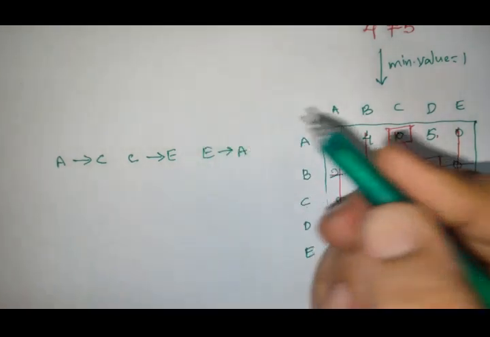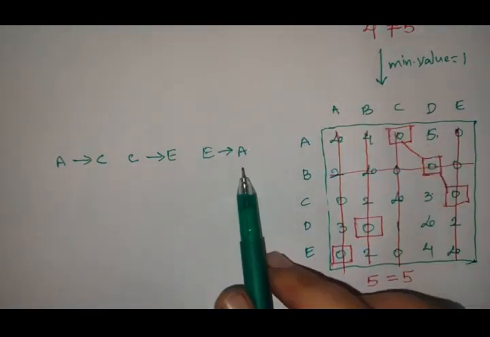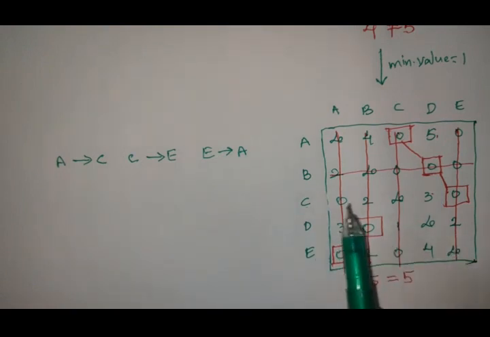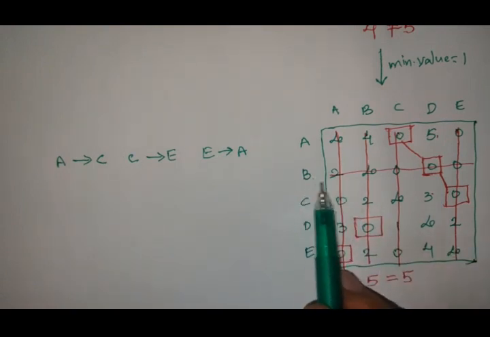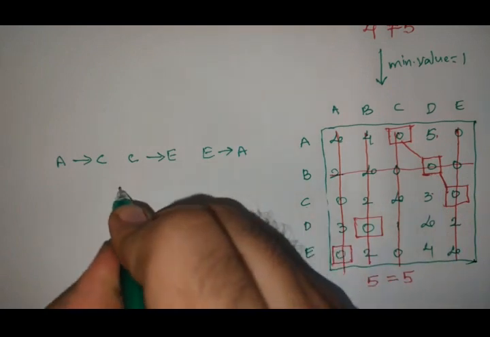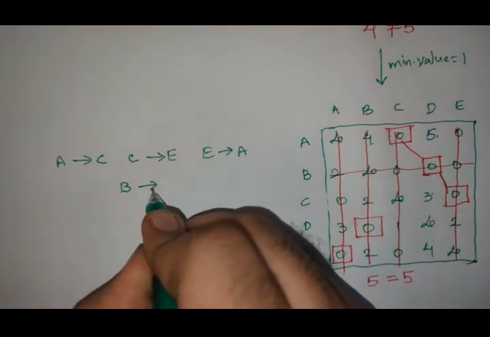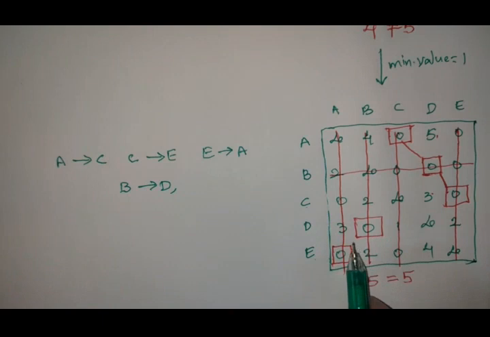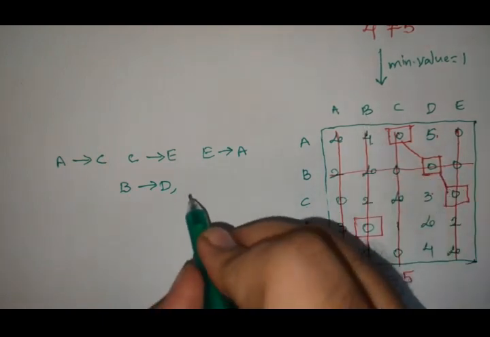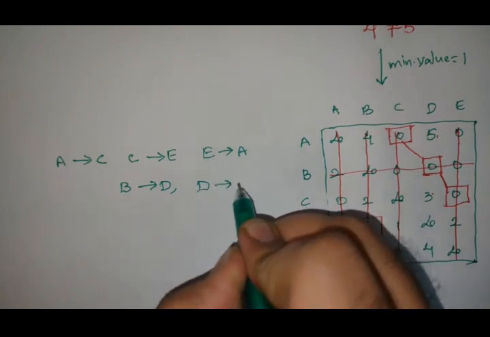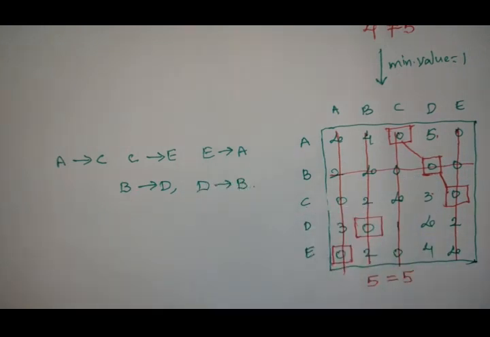And next, here the loop is closing, but let us see the remaining things also. B, from B where is he going? D. And next, come to D. From D, where is he going? B. Okay, so these are the 5 from-to city pairs.